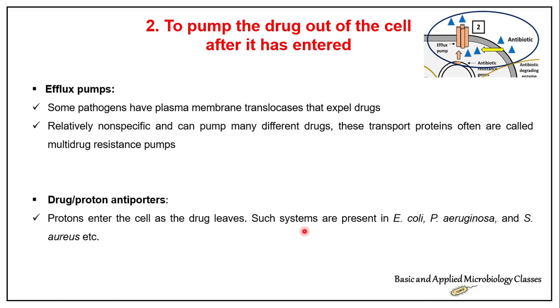Such types of antiporters have been reported in E. coli, Pseudomonas aeruginosa and Staphylococcus aureus for development of drug resistance. So I hope this point is clear to you now, that to pump the drug out of the cell after it has entered, how bacteria use this strategy? It can be used in the form of efflux pumps. Efflux pumps can be selective or non-specific, or in the form of antiporters, right?